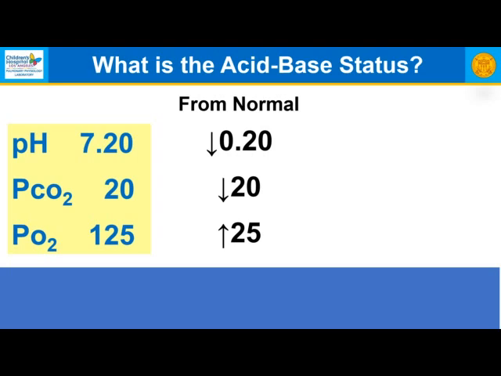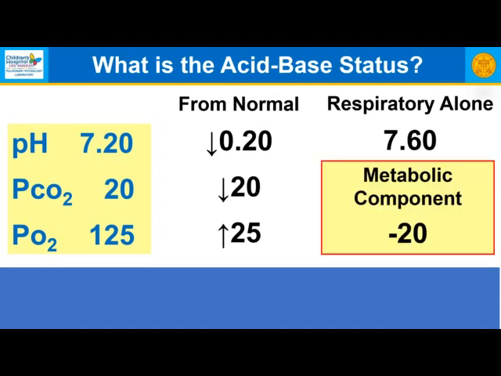So for a PCO2 of 20, we would expect a pH of 20 hundredths of a pH unit higher than normal, or 7.6. So the metabolic component is 7.2 minus 7.6, or 40 hundredths of a pH unit. Half of that is 20, and this is negative, so the metabolic component is minus 20.